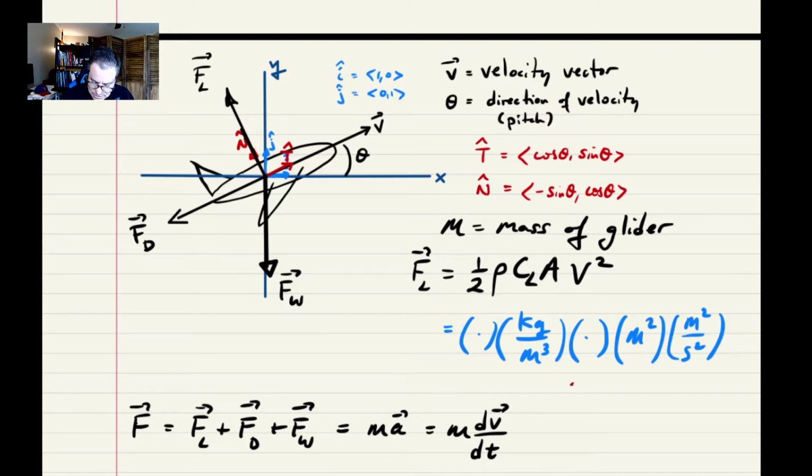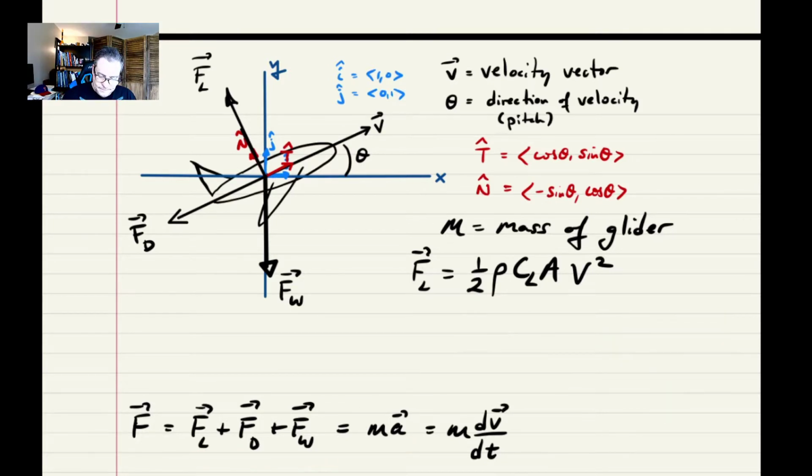So our units become kilogram times meter per second squared. And that is mass times acceleration. We could write it as units of kilogram meter per second squared, or newtons. So the units of this expression check out as being in agreement with mass times acceleration, as we'll see all of them do.